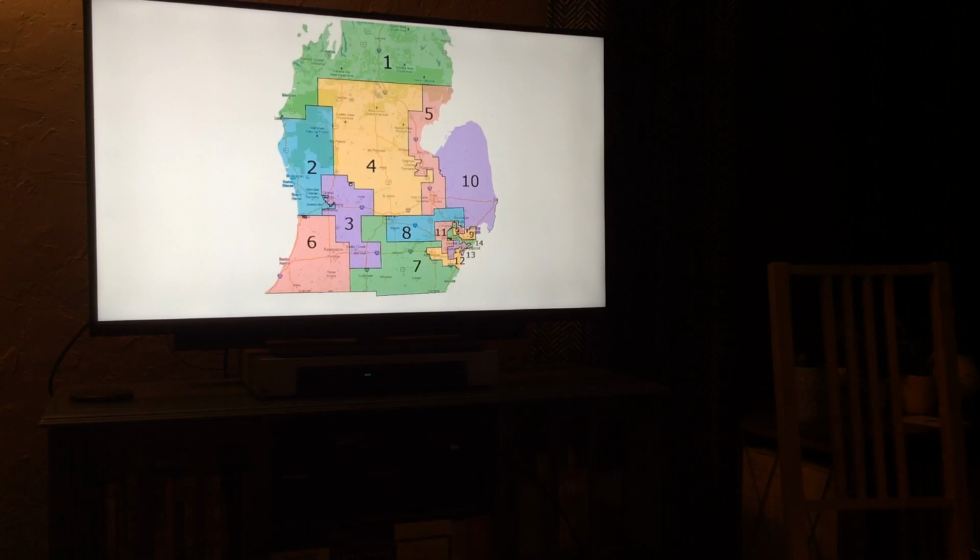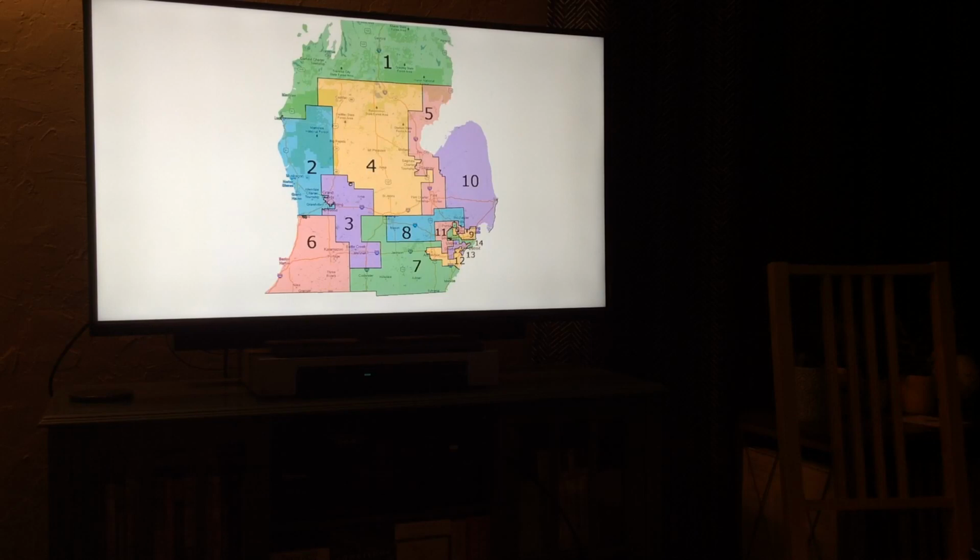So you see one up there in the top. It's that top part of the mitten and then the whole UP. And so that district is obviously geographically huge, but roughly the same population there as you see little District 13 is just a little slice of the Detroit area. And so this is how we've done it since 2010. We draw these districts every census, and so we're about to draw new ones.